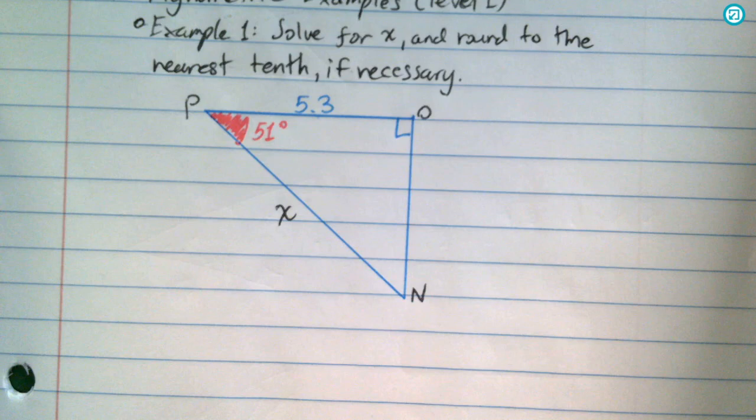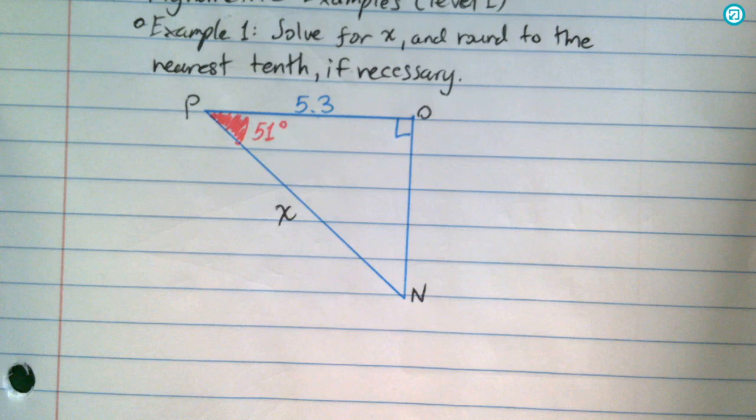Okay. Now, if we remember SOHCAHTOA, it would be the middle one, right here. That is what we need to look at, because it has an adjacent and hypotenuse. We have cosine, all right?